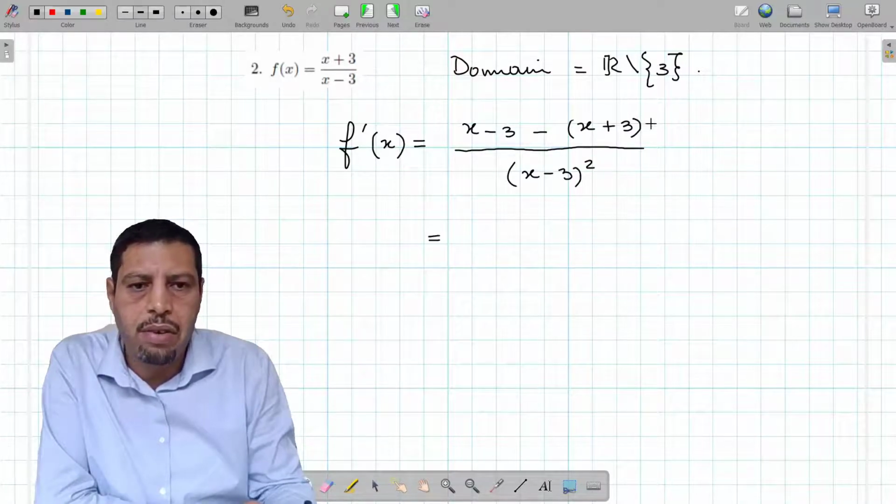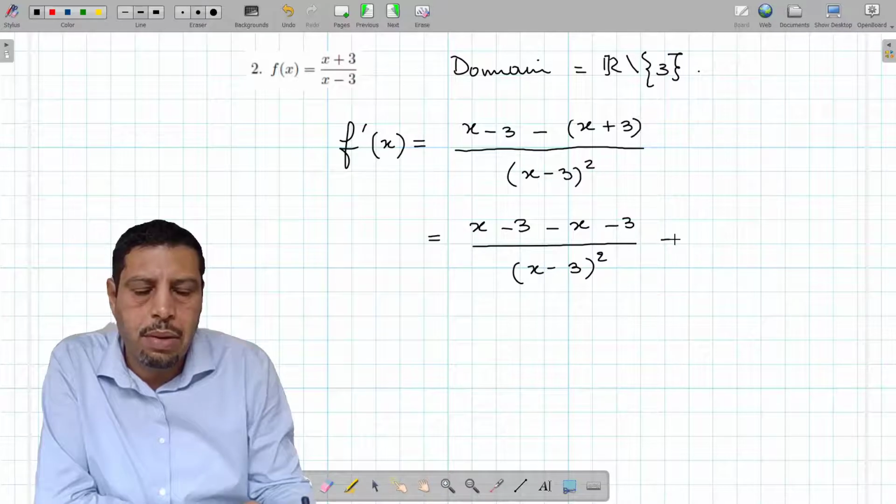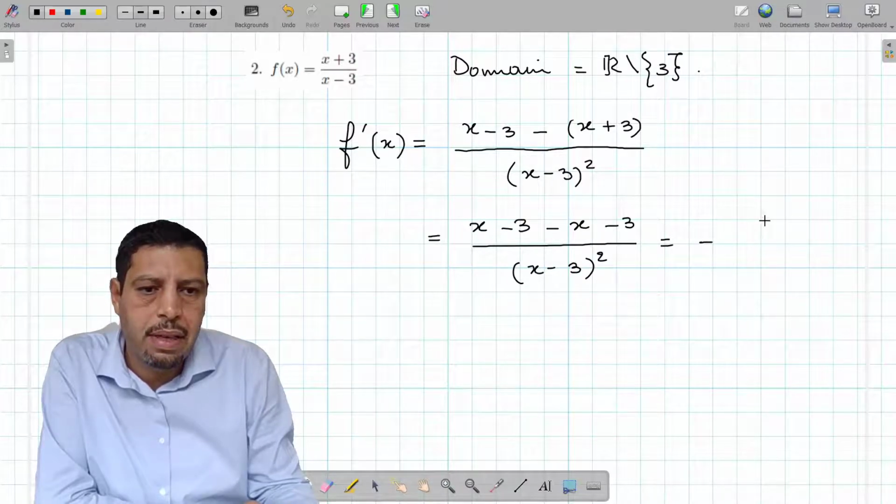Of course, we're going to remove the brackets and simplify. So x minus 3 minus x minus 3 over x minus 3 squared. So it's equal to negative 6 over x minus 3 squared.